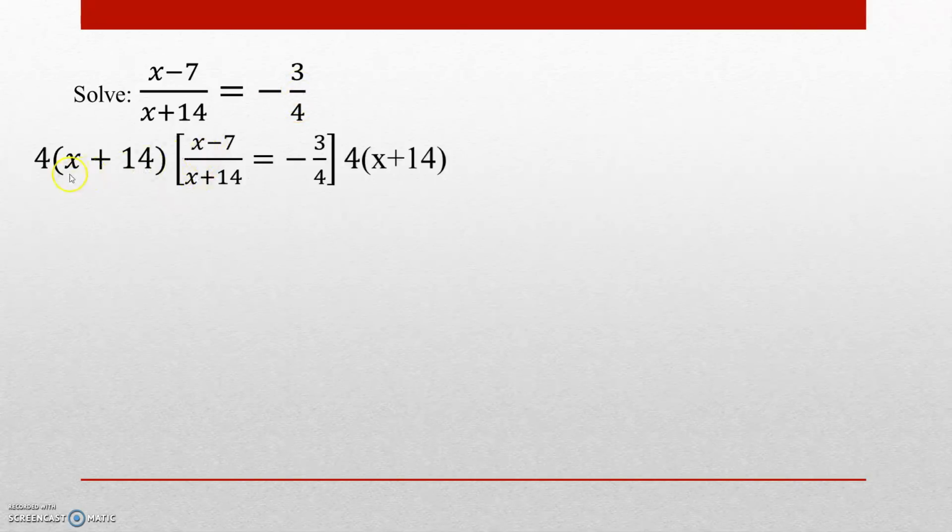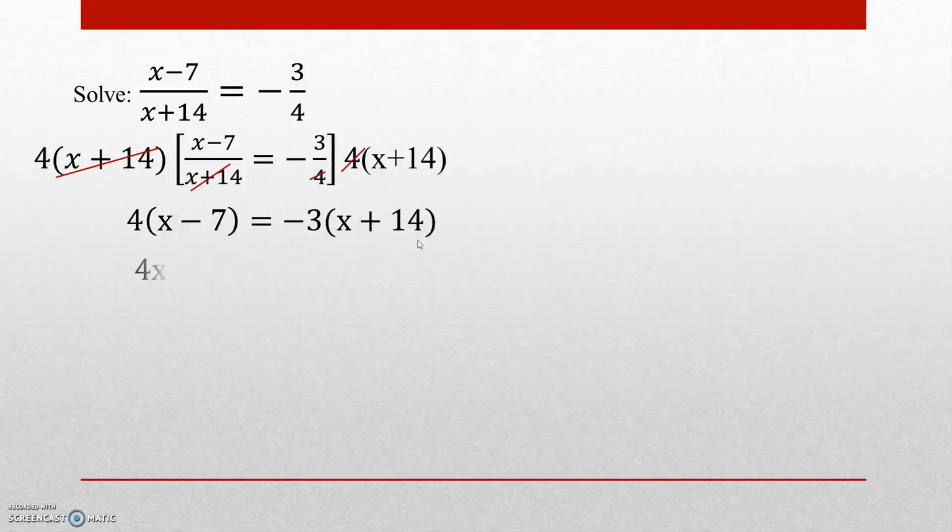So, 4 times x plus 14, tsaka dito. Hindi ko na agad multiply kasi para mas mabilis tayo makapag-cancel out dito. So, cancel out x plus 14, also yung 4. So, what is left is 4 times yung x minus 7 dito equals negative 3 times x plus 14.